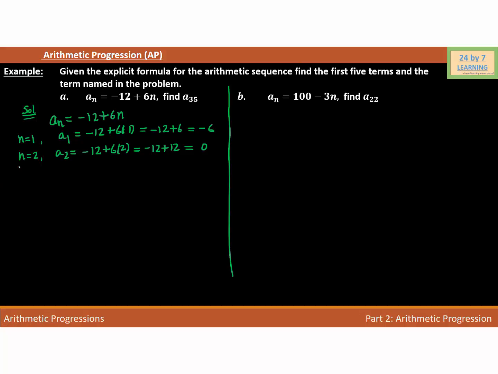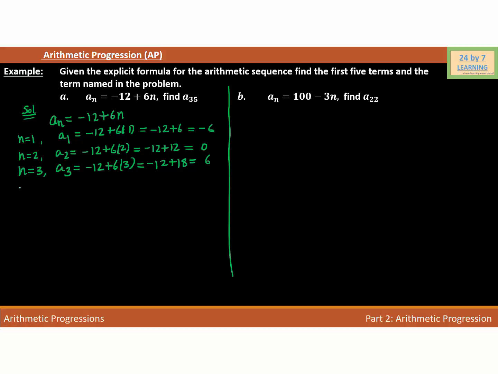Now let's write the third term. I will take n equals 3, and a3 is equal to -12 plus 6 times 3, and 6 times 3 is 18. So -12 plus 18 is positive 6.